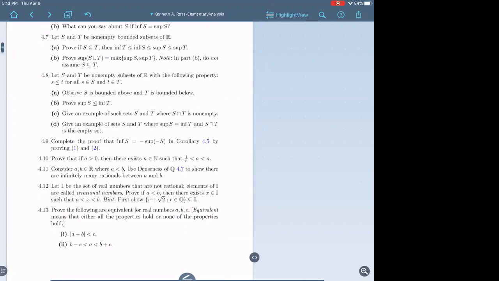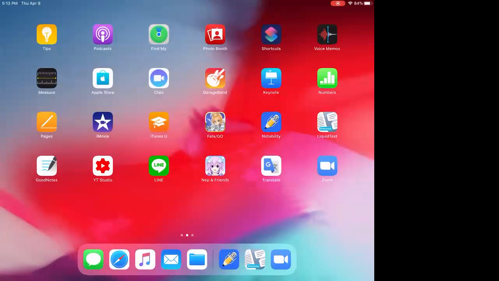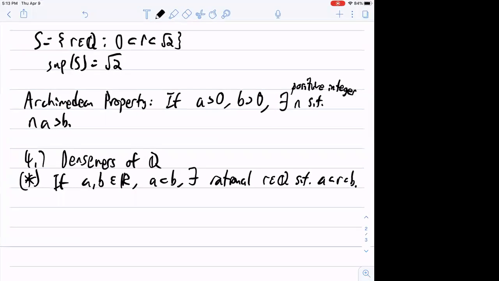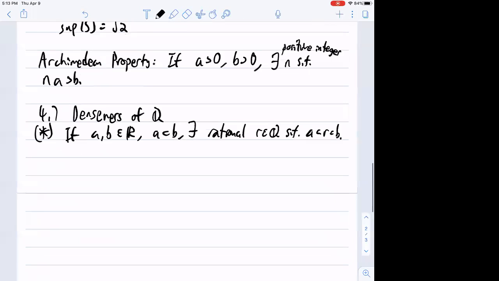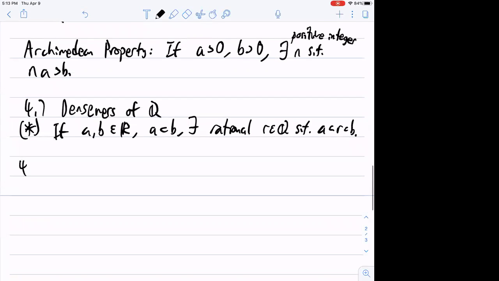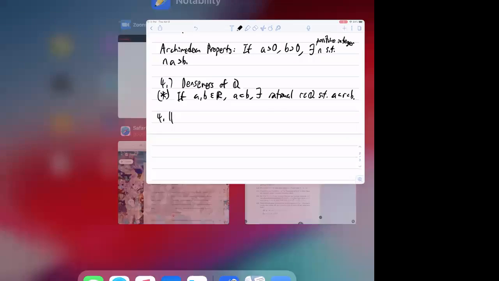Let me read it. Consider A and B in R, A less than B. Use denseness of Q to show there are infinitely many rationals between A and B. So basically we'll be applying it inductively. Is it 4.11?